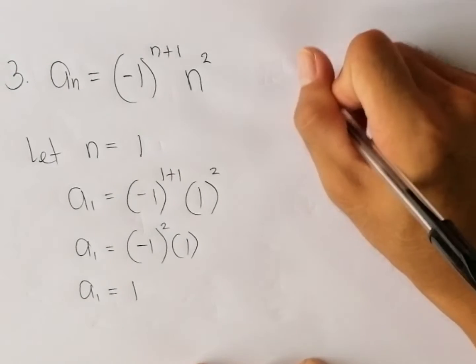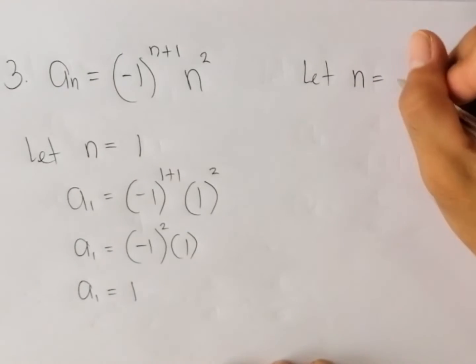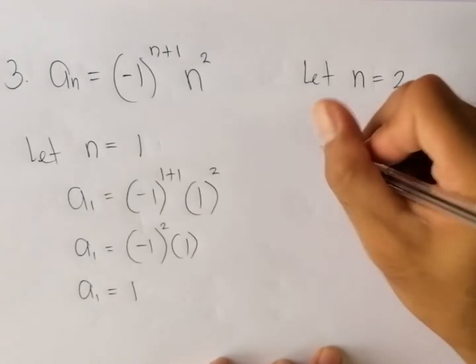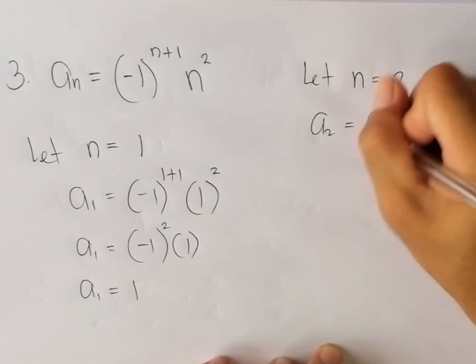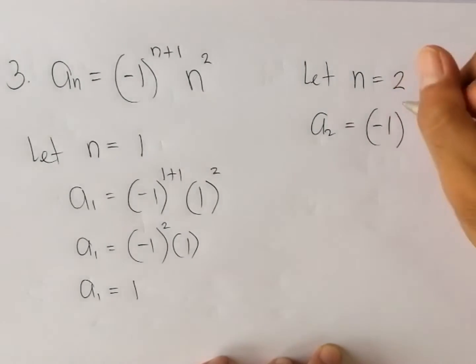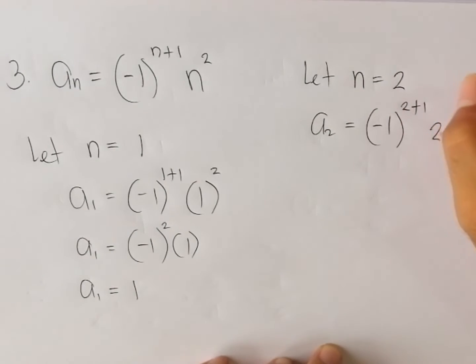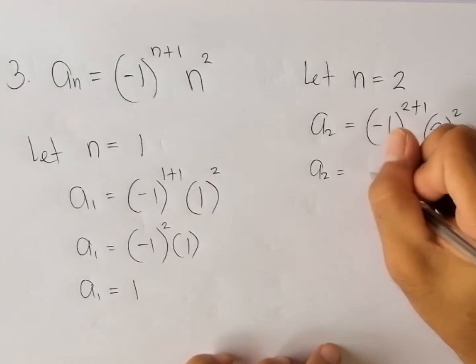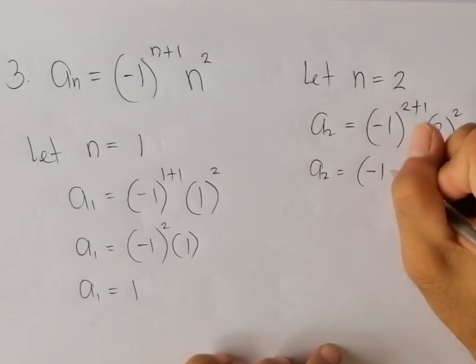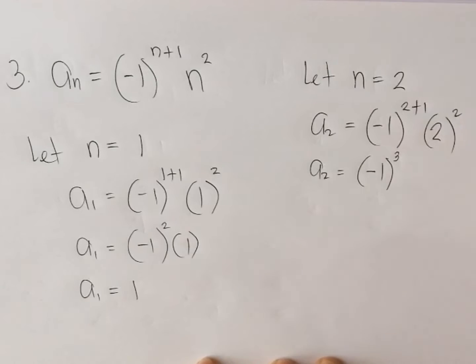Next, let n is equal to 2. So we have a sub 2 is equal to the quantity of -1 raised to the power of 2 plus 1 times 2 squared. So 2 plus 1, that is 3.